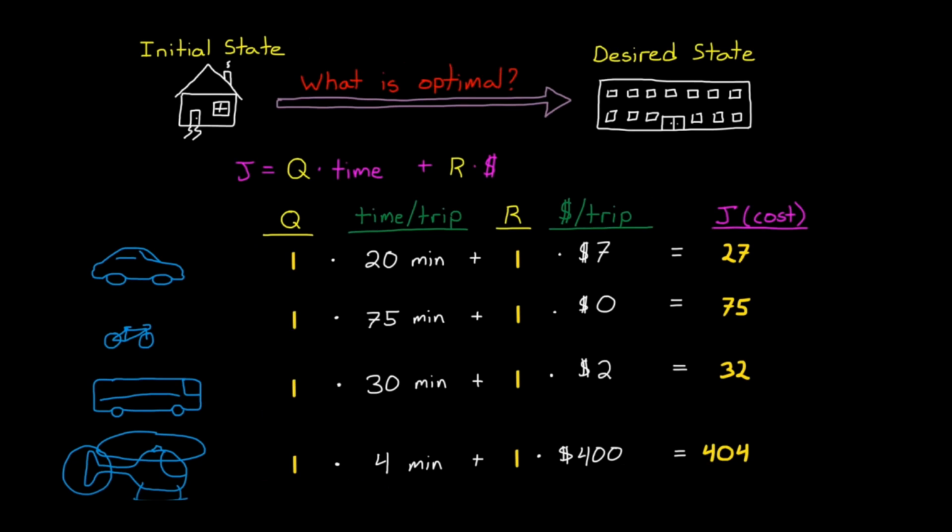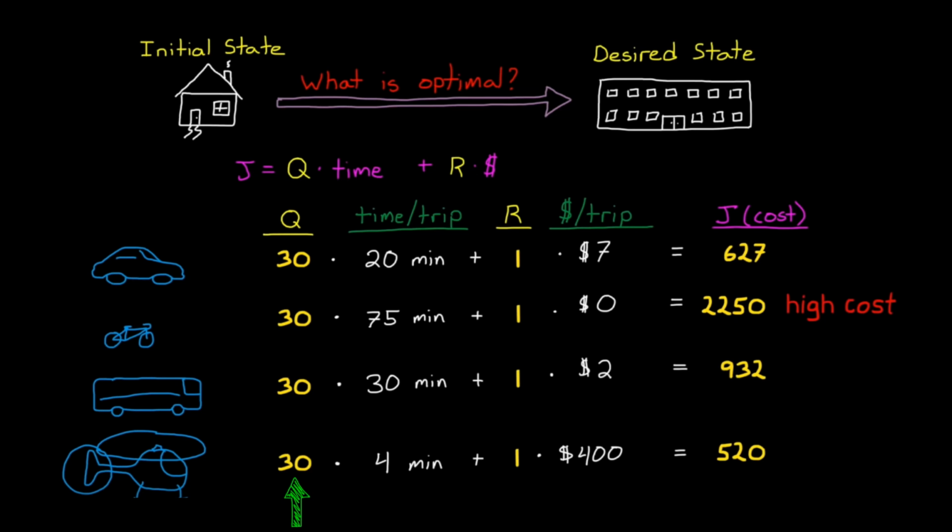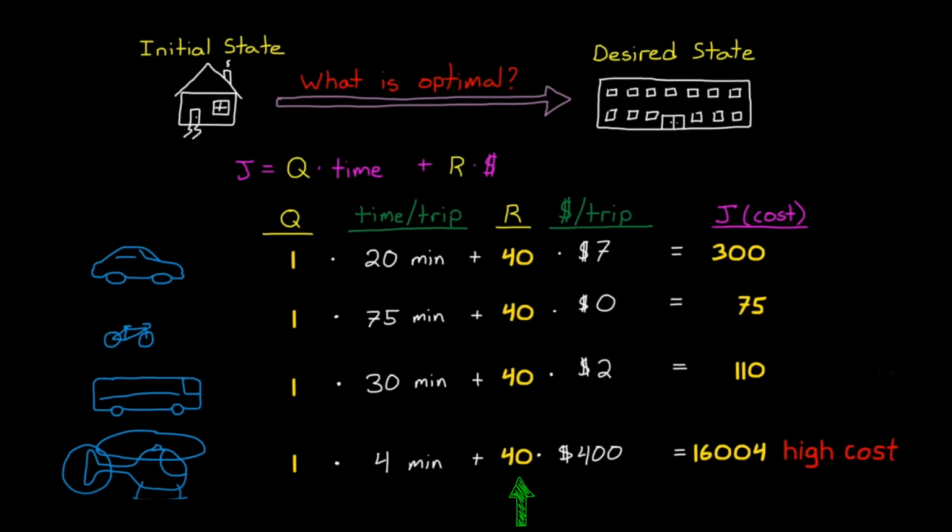A weight of 1 would mean both of them cost something to you, so they're both important. So you see both the bike and the helicopter here are quite costly. But if you then put a higher value on time, then the highest cost would be the bicycle. And here we see the helicopter skyrocketed in cost.